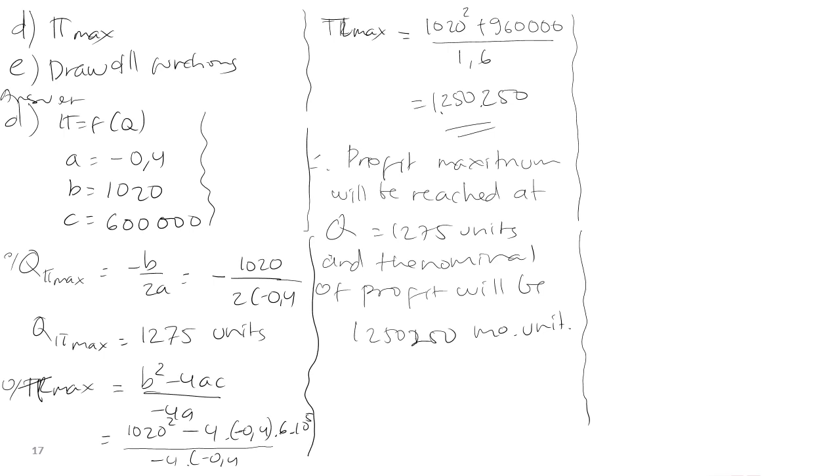Right. Now I need you to do the drawing of all the functions. I give you the clue. First of all, draw TR and then TC. You don't have to draw the profit function. Just draw the TR and the TC. Okay, and it should give you something like this. This one is TR and TC.